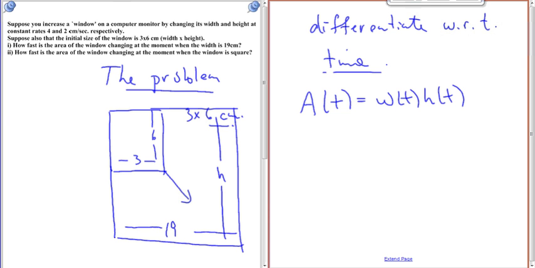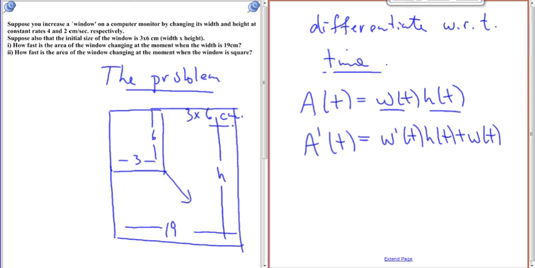Let's differentiate. Well, here I have a product of two functions, W(t) times h(t). So naturally I want to use the product rule. Derivative of the first times the second function plus first function times the derivative of the second. That gives me an equation relating the unknown rate, A'(t), with the known rates, this rate and this rate.